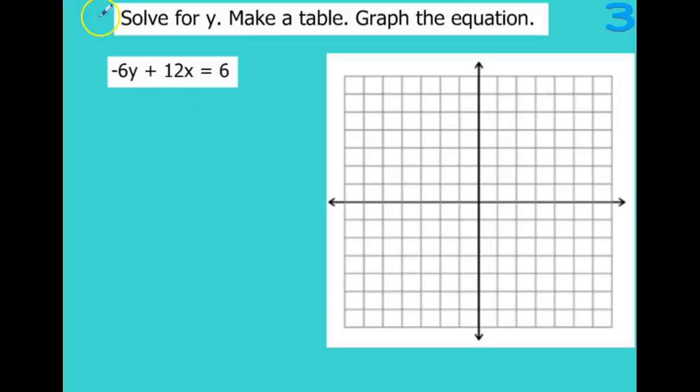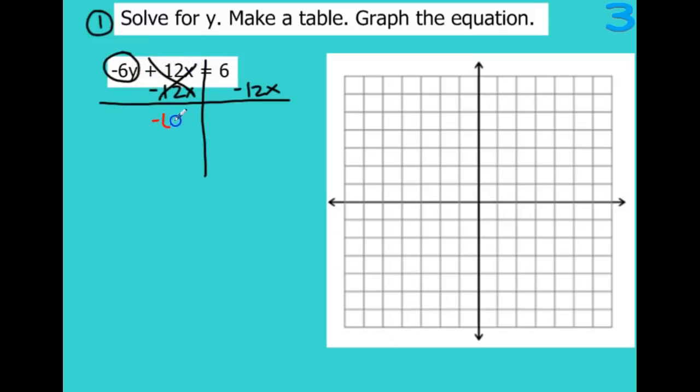So let's do this. First step, solve for y. I'm going to get y all by itself, so I'm going to subtract the 12x over to the other side. Reminder, whatever you do to one side, you have to do to the other. So we have negative 6y, then write your x first, negative 12x plus 6.